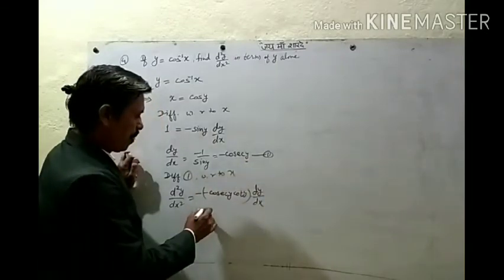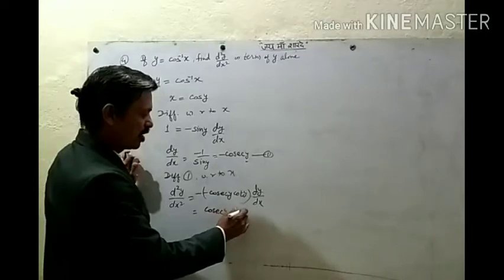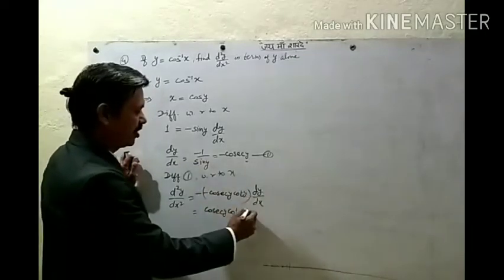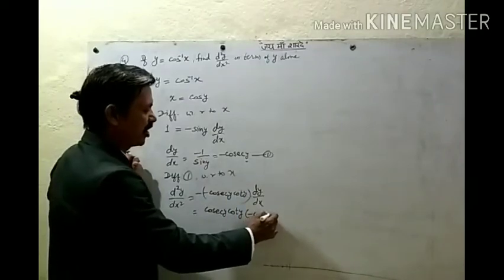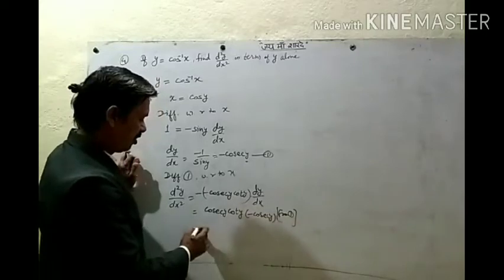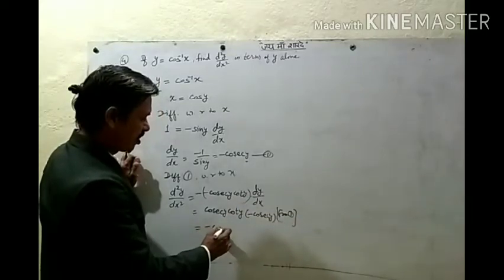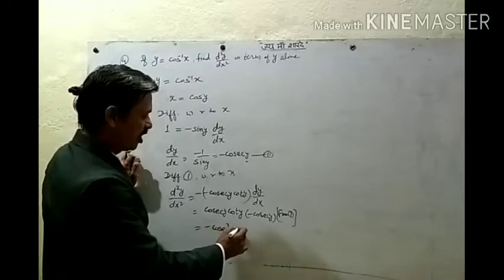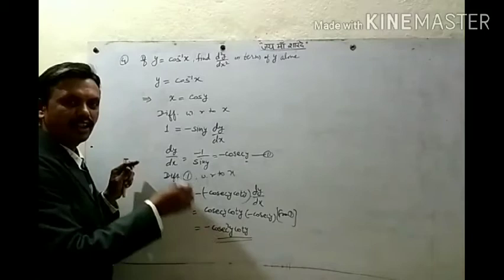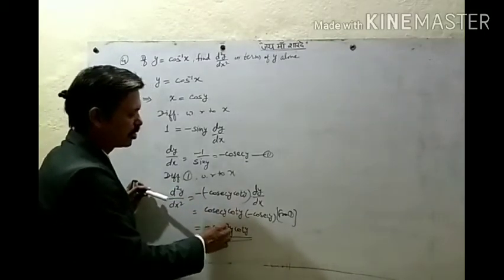And the value of dy by dx from the first we can write as minus cosec y. So cosec cot times minus cosec means minus cosec square y cot y. So the second order derivative of y is minus cosec square y cot y in terms of only y.